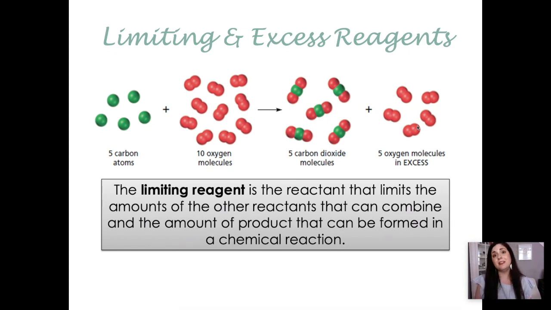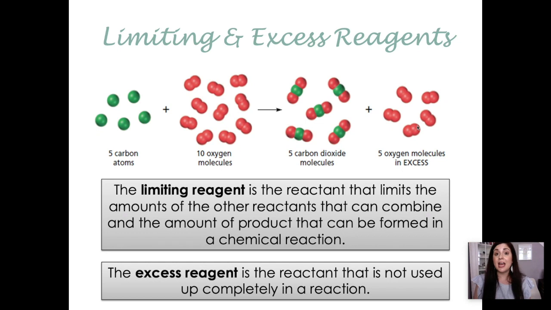So carbon is your limiting reagent, whereas oxygen is in excess, and the excess reagent is not used up entirely. It's going to be left over. So carbon is your limiting reagent, and oxygen is your excess.